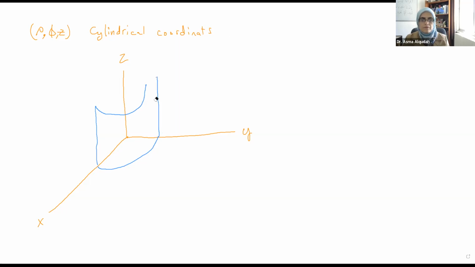Yes, so this is a part of a cylindrical surface, and let's assume that the point we are dealing with is lying on the surface of the cylinder, the outer surface of the cylinder. So this is the point P. It has the components rho, phi, and z.